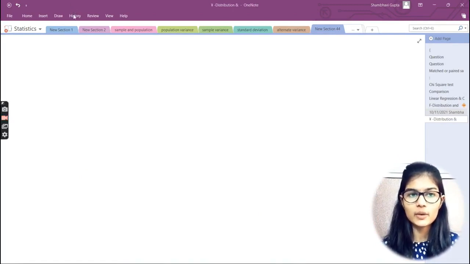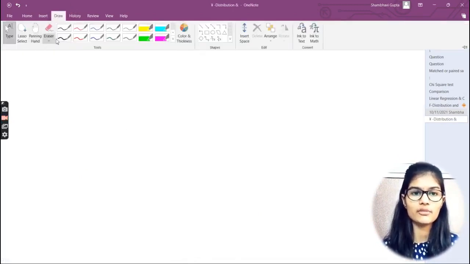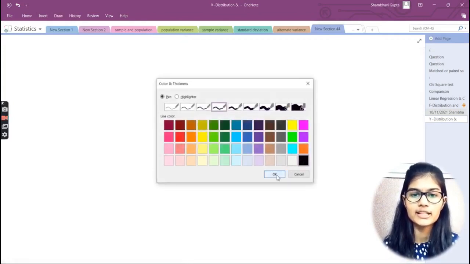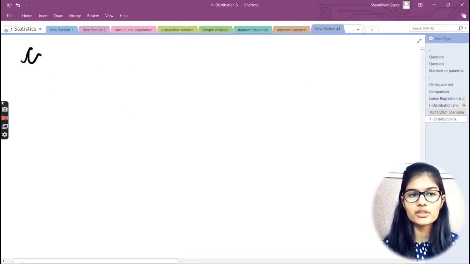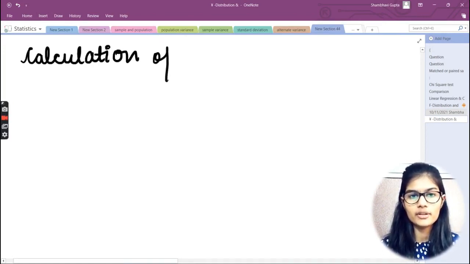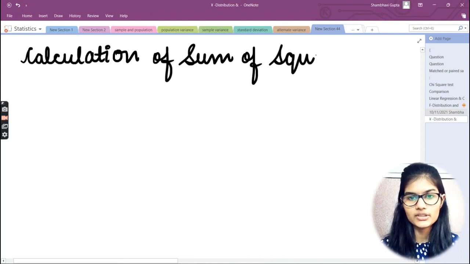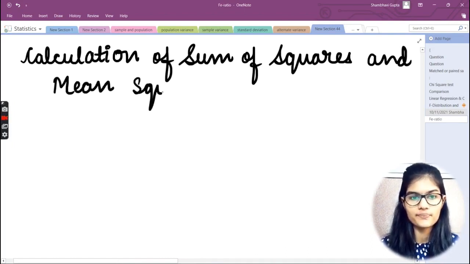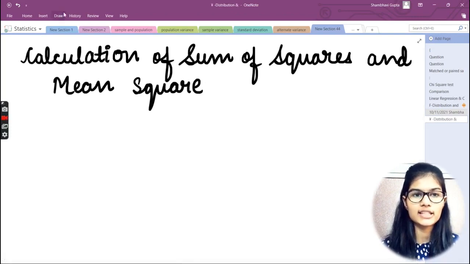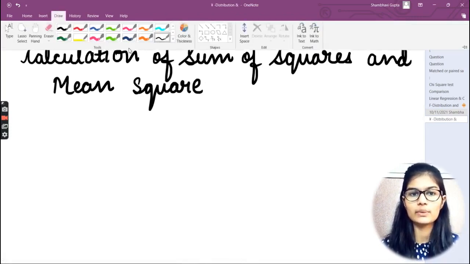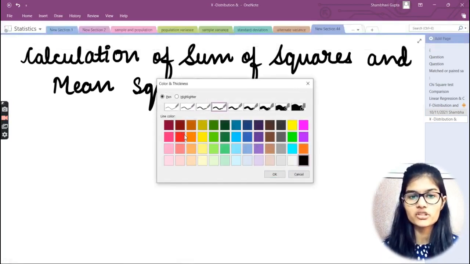As we already discussed the mean of squares and sum of squares, all the things we are already familiar with, right? Now I'll be discussing one of the very important topics today, and that is the calculation of sum of squares and mean square. We'll see how to do the calculation for the sum of squares and even for the mean of squares, and what procedure we need to follow.